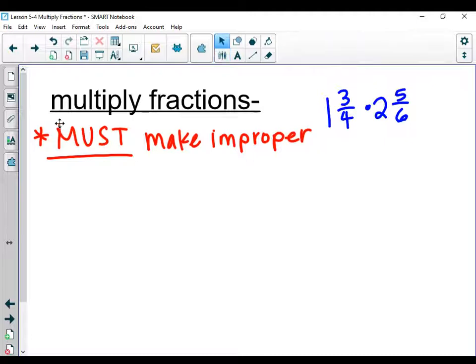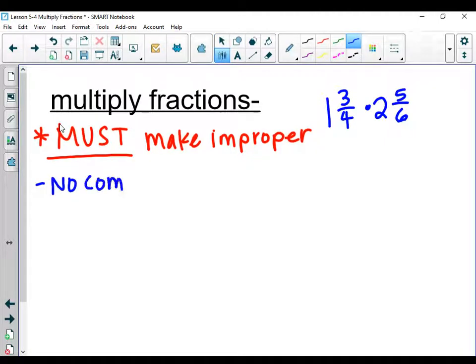And then actually, we do not want a common denominator, which is weird. It's actually harder if we make a common denominator. So let's not do that, because who wants a harder fraction? Not me.